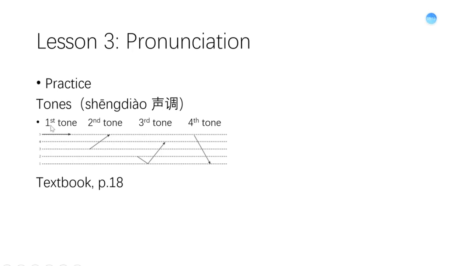The first tone is the highest tone among the four tones. So we read ma for the first tone, and the second tone is like an upcoming tone, ma, the third tone is the lowest, ma, and the fourth tone is like a downcoming tone, ma. Okay, let's read again: ma, ma, ma, ma. Okay, so these are the tones.